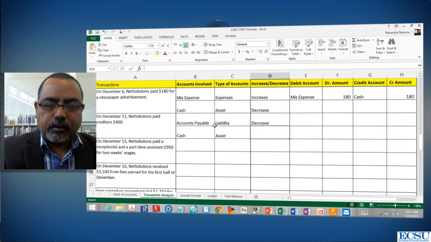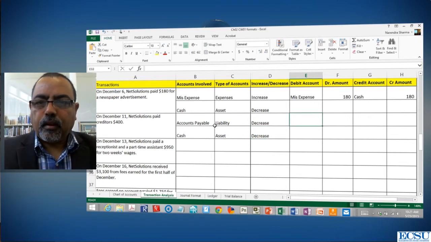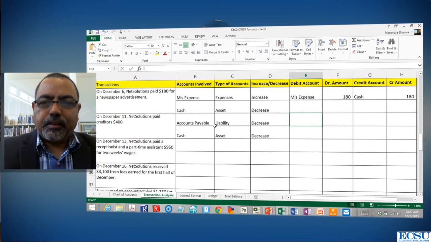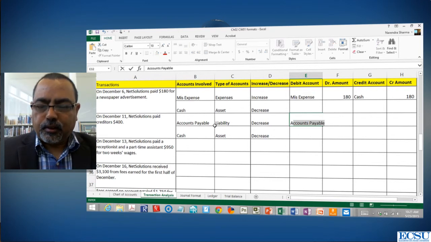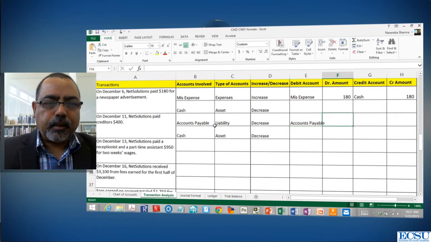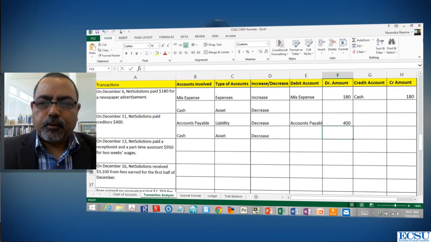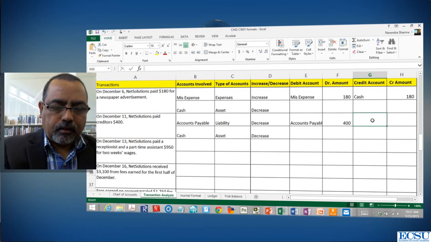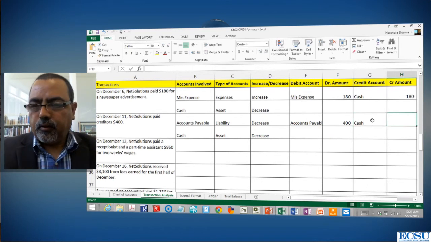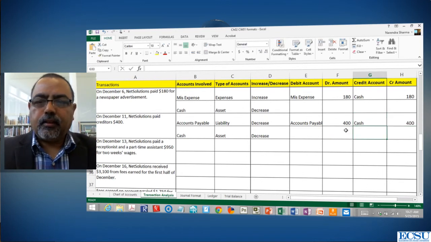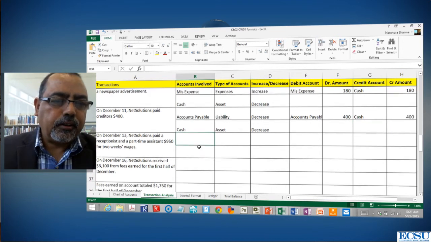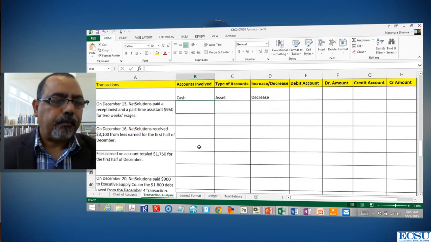And cash, of course, because I'm using cash, it will also decrease. Now, when the liability decreases, I need to debit it. So that's why I'll be debiting accounts payable and the amount will be 400. And cash would be credited with 400 because cash is an asset account and it has decreased. So therefore, I should be crediting it.